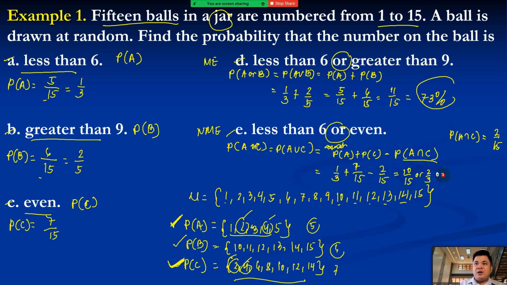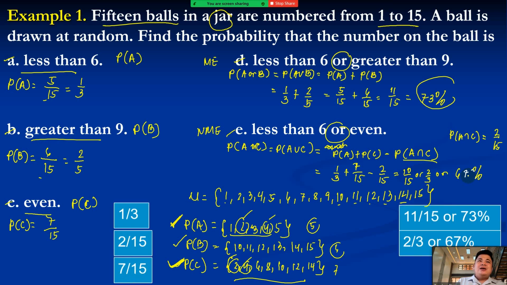Now, how about the percent? Round it up to the nearest whole number. The probability of getting less than 6 or even will be 67%. All you need to do is multiply 2/3 by 100 to get the percent, which is 67. If you have questions, most especially my students, please don't hesitate to ask or send a personal message.